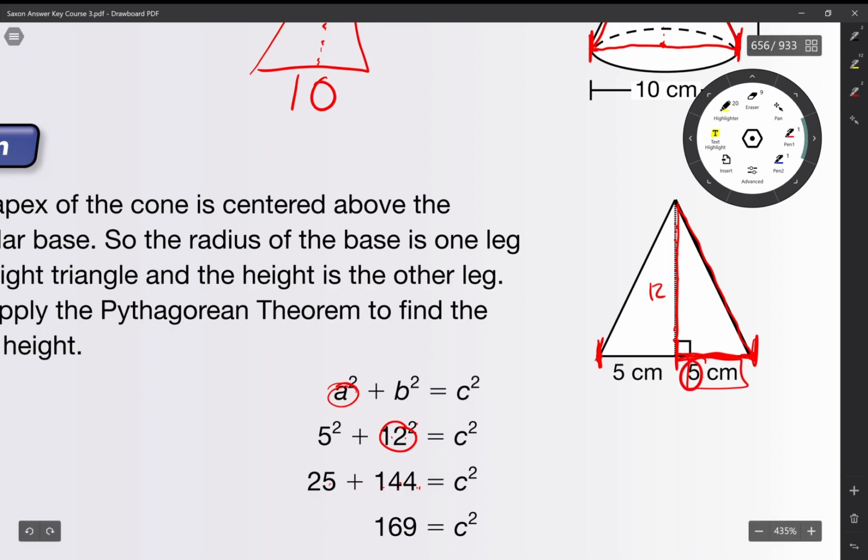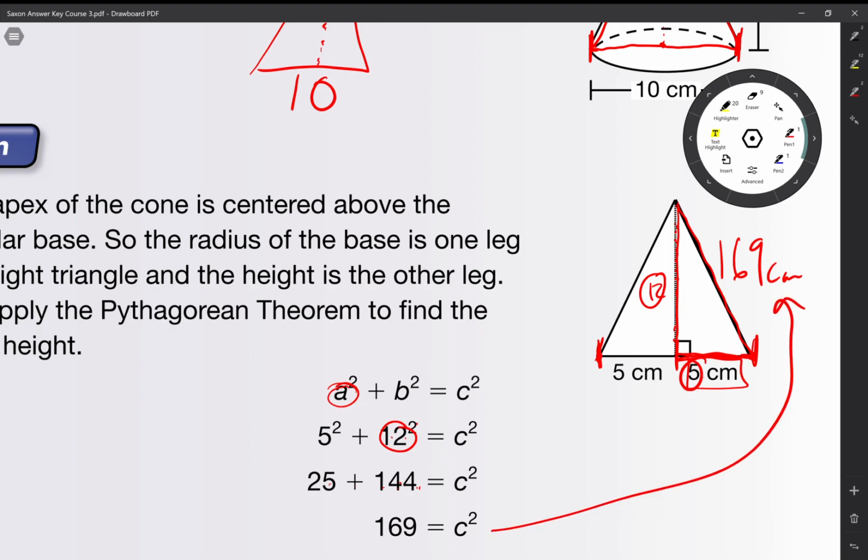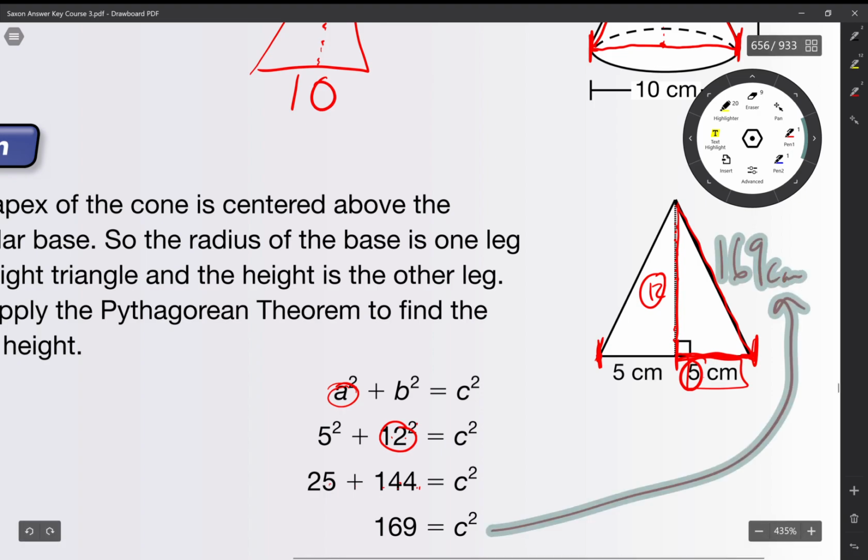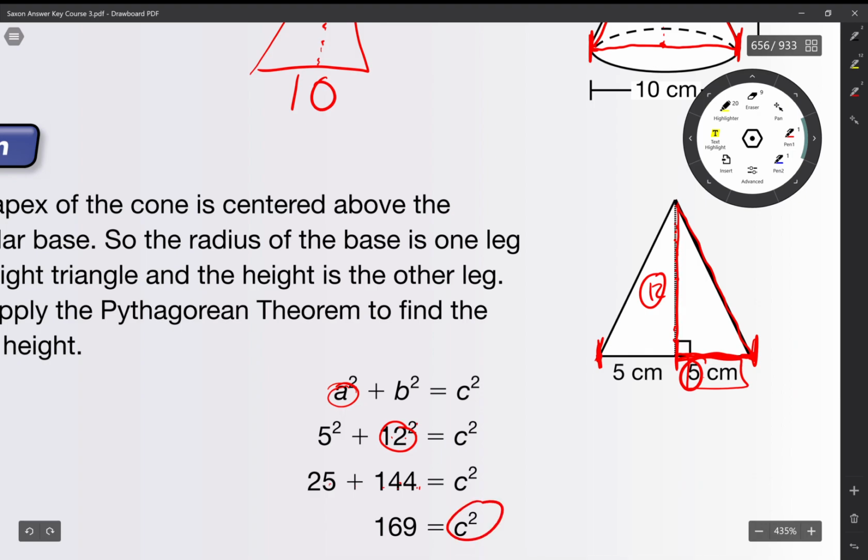If this is 5 and this is 12, does it make sense that this is 169 centimeters? Does that make sense? Absolutely not. That is C squared, not C. So how do we solve for just C?